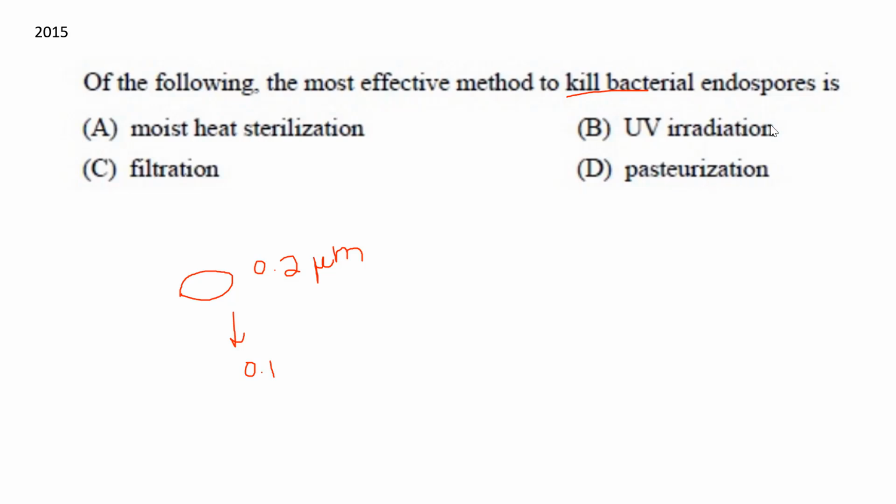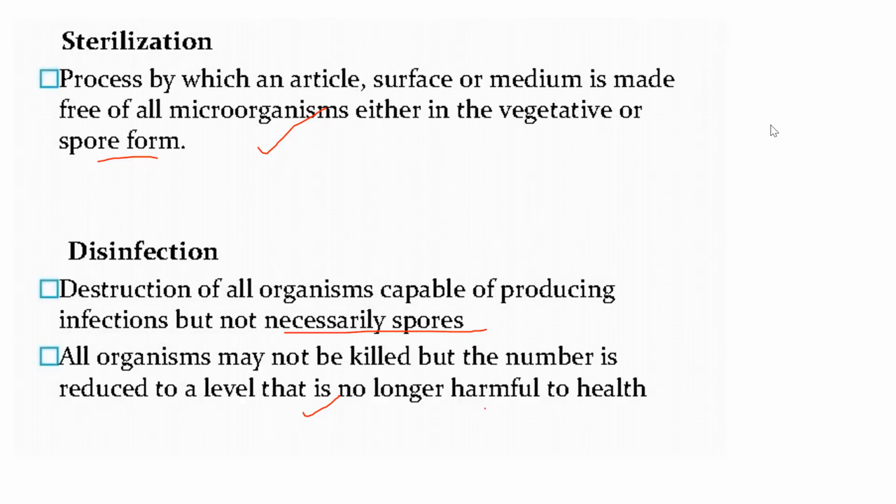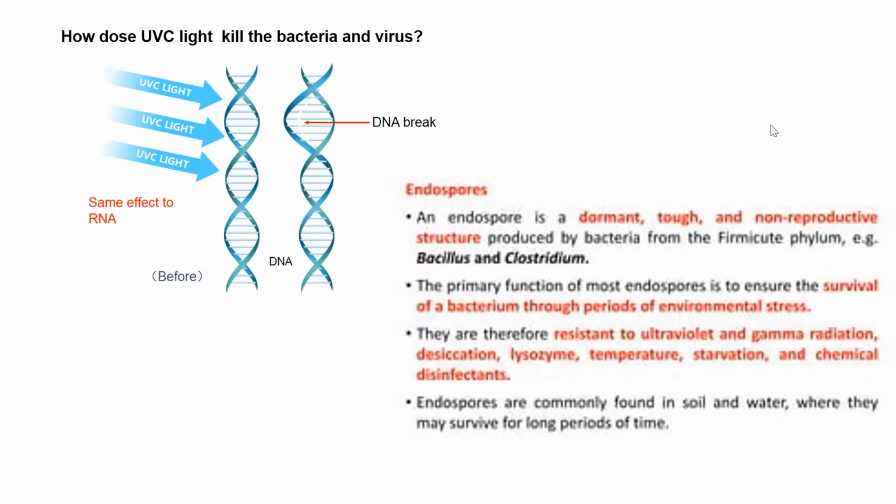And lastly, we have UV irradiation. Whenever we pass UV light through bacteria and viruses, it creates breaks in the DNA. That is how it kills the bacteria. But the endospore is a dormant, tough, and non-reproductive structure, whose primary function is to ensure survival of the bacteria through periods of environmental stress.